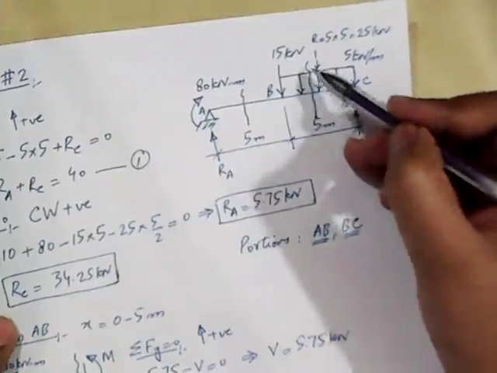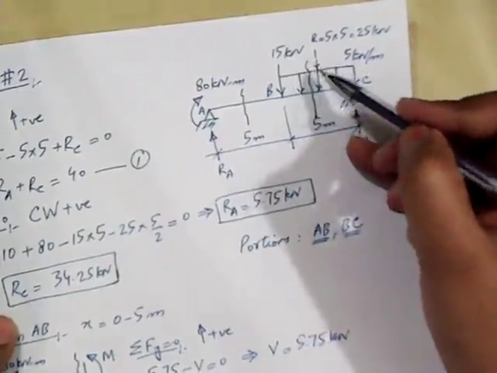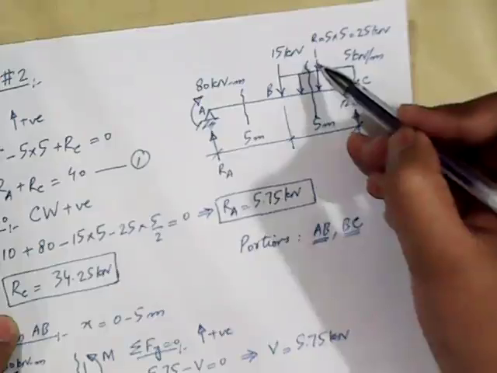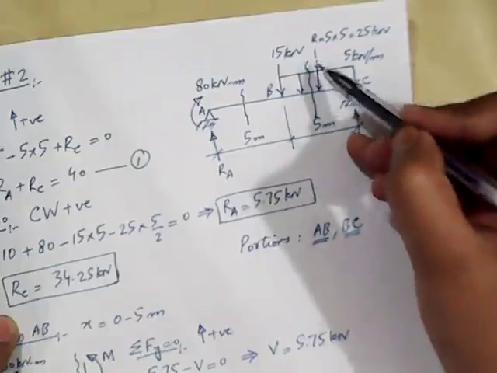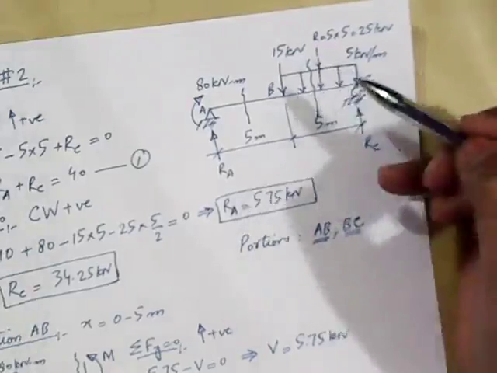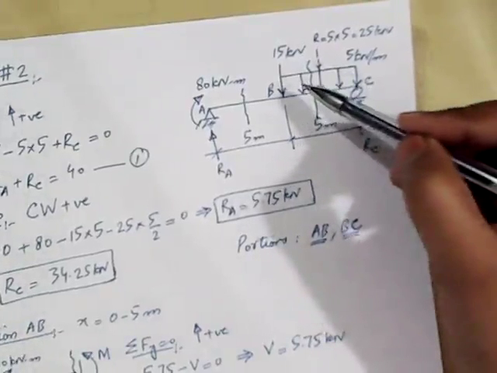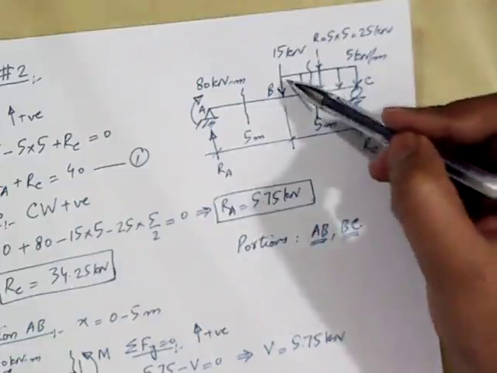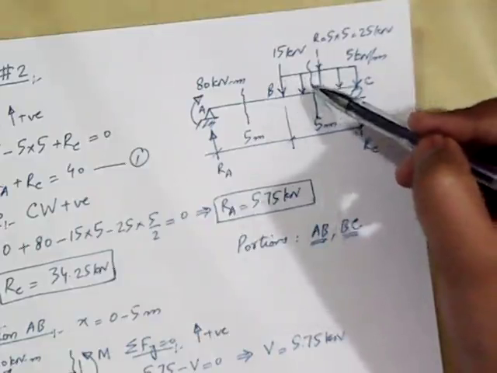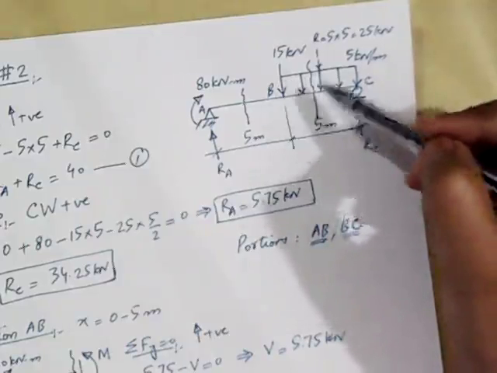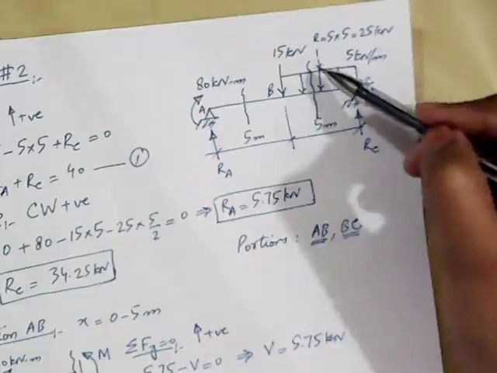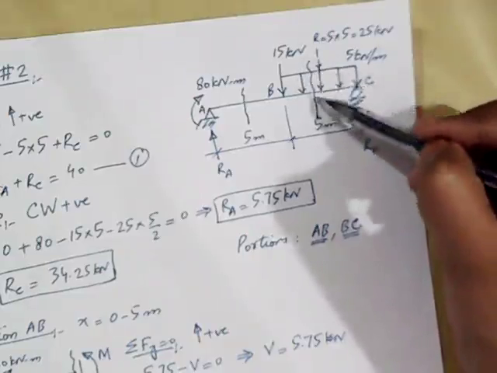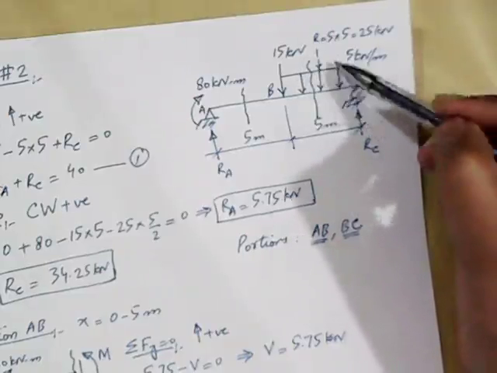The answer is that we can consider the section anywhere, before the resultant or after the resultant, it does not matter, because this resultant is just sort of an imaginary force acting here. So you can consider the section here or outside after the resultant.